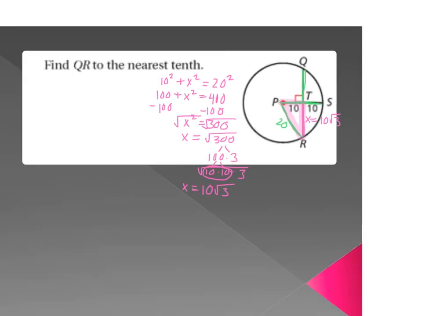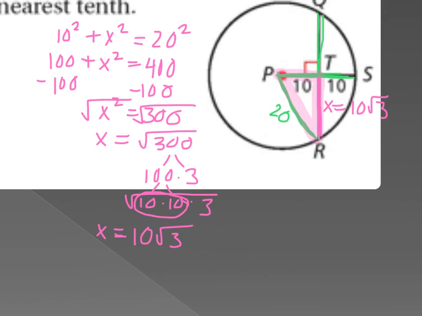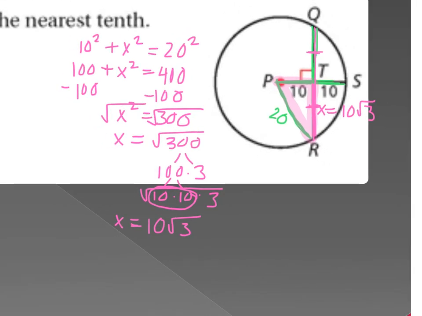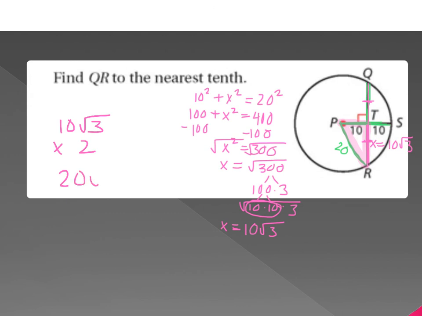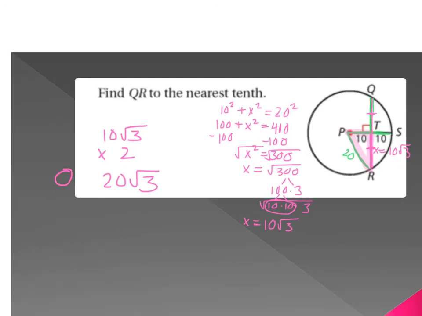It's asking us for QR, so it's asking us for this whole length, but we know that this segment is congruent to this one. So we can just multiply 10 square root 3 times 2, because we have two segments that are the same length. So we get 20 square root 3. And that's our final answer. So QR is equal to 20 square root 3.